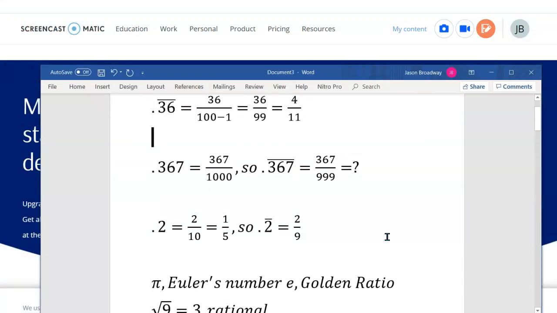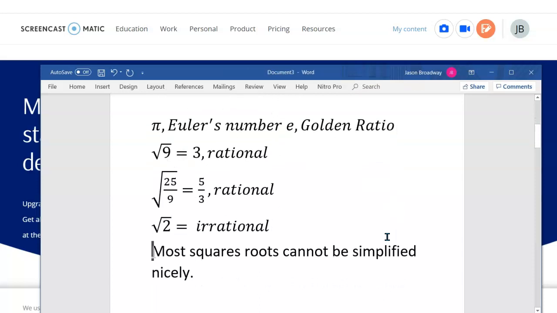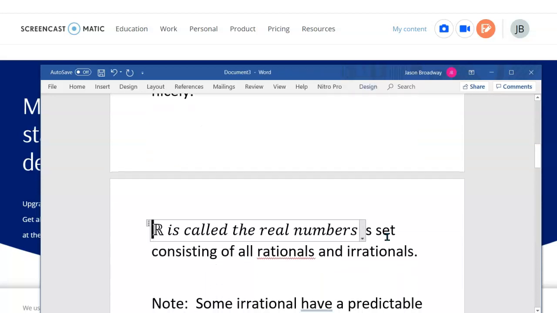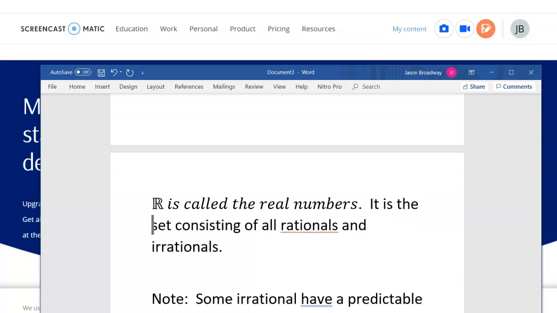So, last time we mentioned how the square root of 2 is irrational, and most square roots cannot be simplified nicely, unfortunately. Now, R is called the real numbers. It is the set that consists of all rationals and the irrationals.